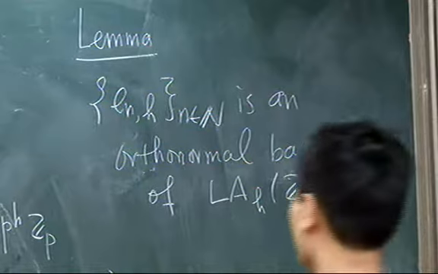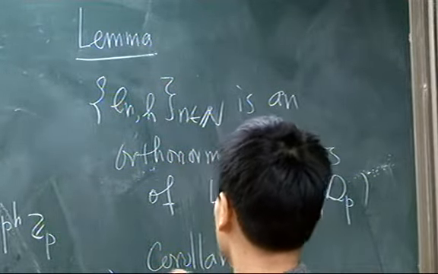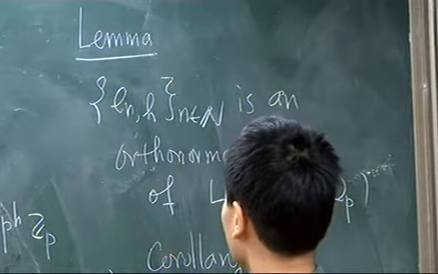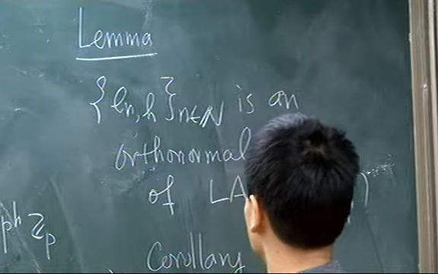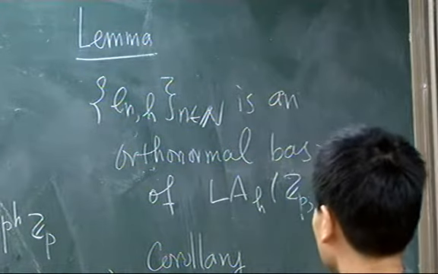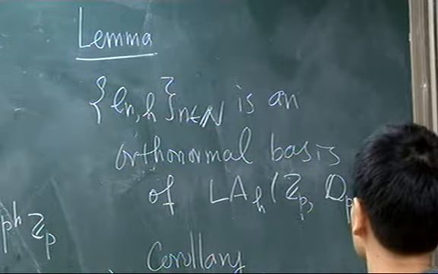And a corollary is you can have G_p L, because we have an orthonormal basis, so you can always take a tensor product.